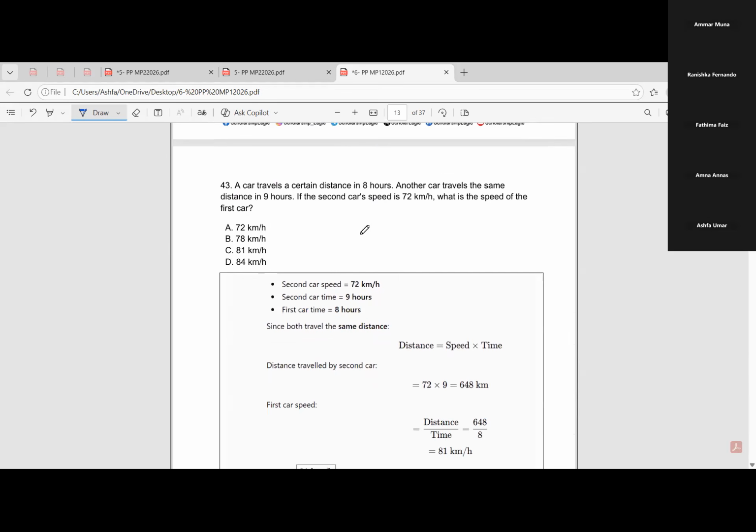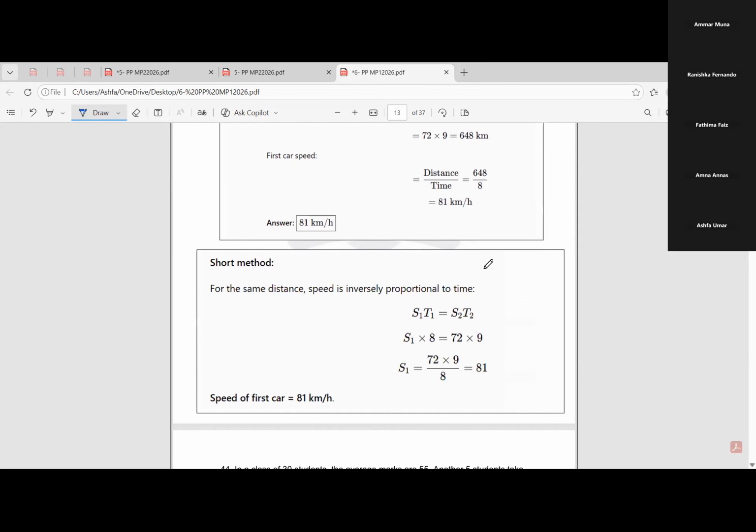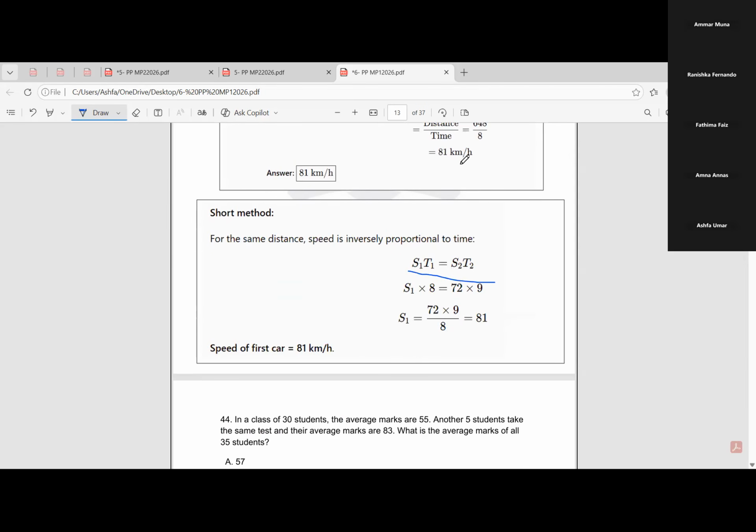And then the next question is about both cars traveling the same distance. It says both cars travel the same distance in 9 hours. When the distance remains the same, speed and time are inversely related, so you can easily use this formula to solve this, and it saves time.